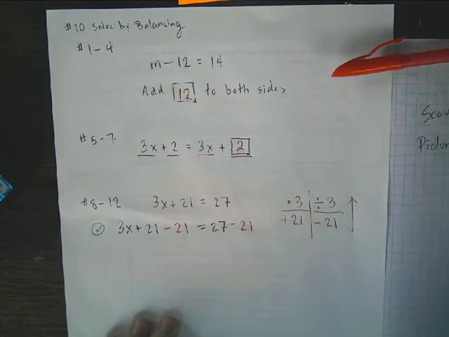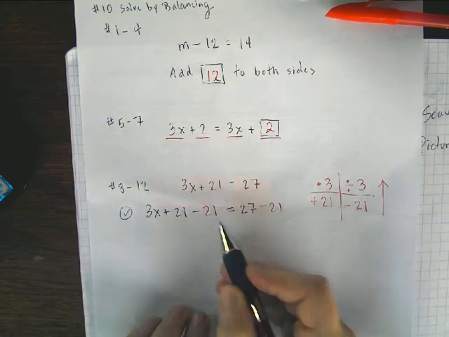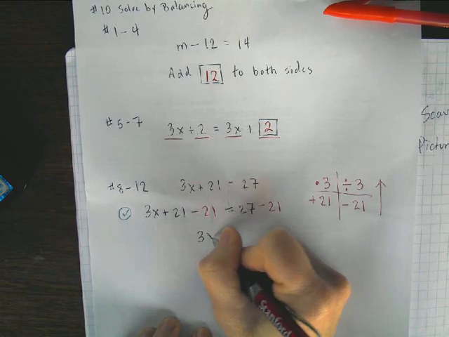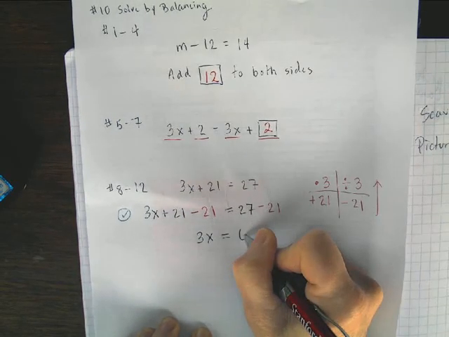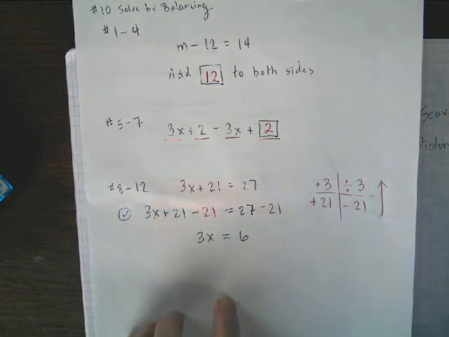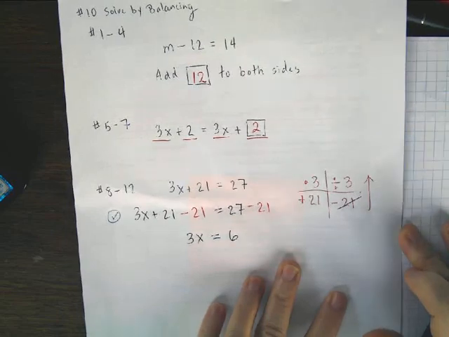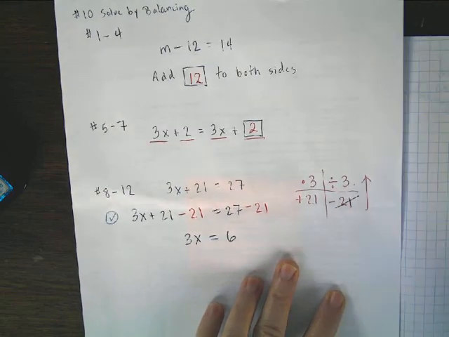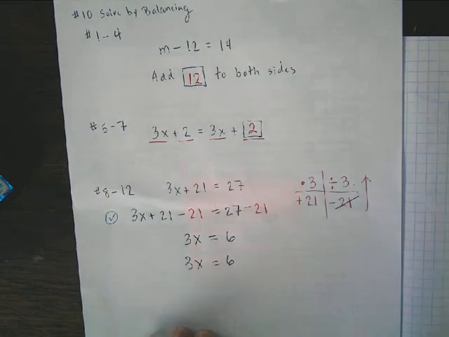Okay, so now if I simplify this, 21 minus 21 is 0. So I have 3x. 27 minus 21 is 6. So I took care of my minus 21. Now I need to divide by 3. So I'm going to take both sides and do the same thing to both sides.